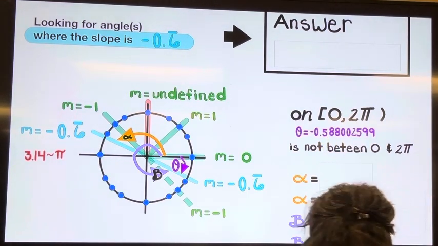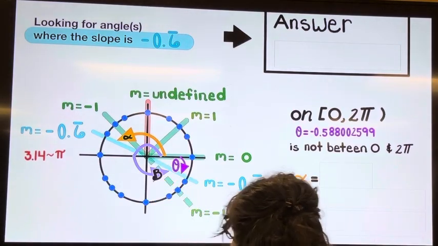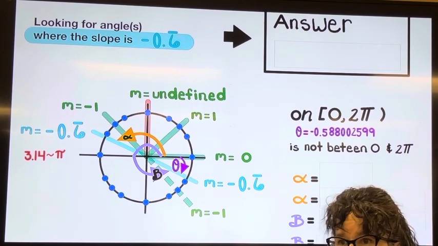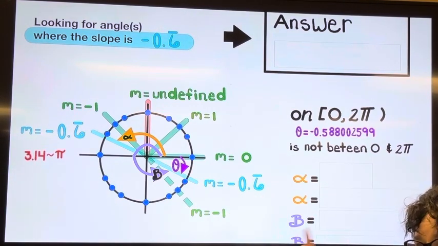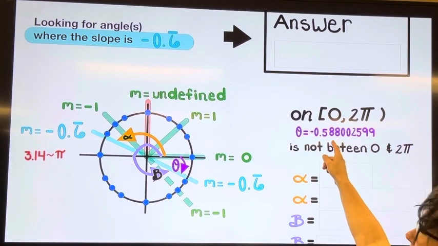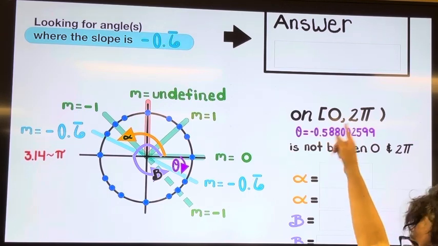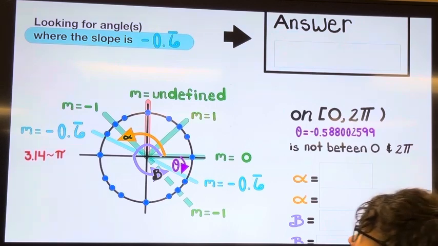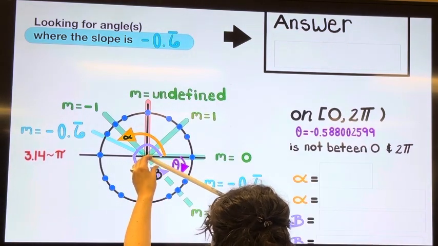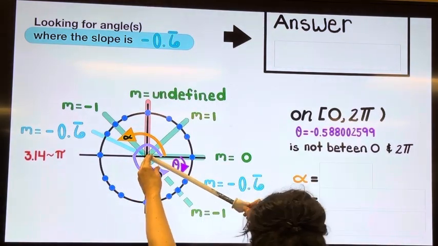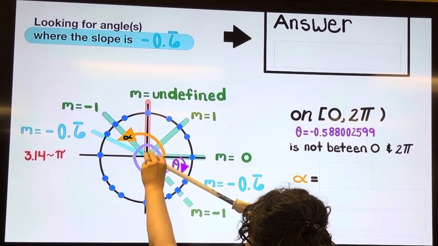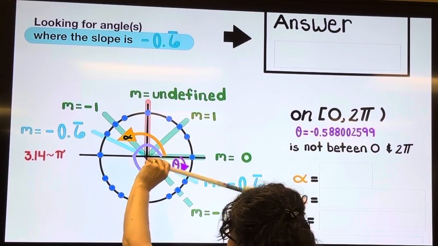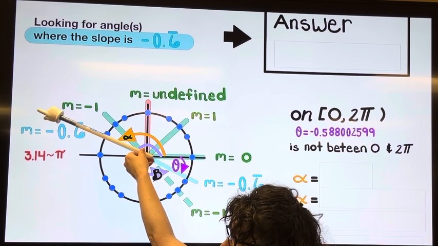Okay, so now to find my alpha here, tangents are the easiest to work with because the answers repeat every single pi. So I can just add pi as many times as I want, and I keep getting angles that it's true for. So right here, if I am at -0.58 and I add pi, see how I'm at a half circle? By adding pi, and that's exactly where I want to be.